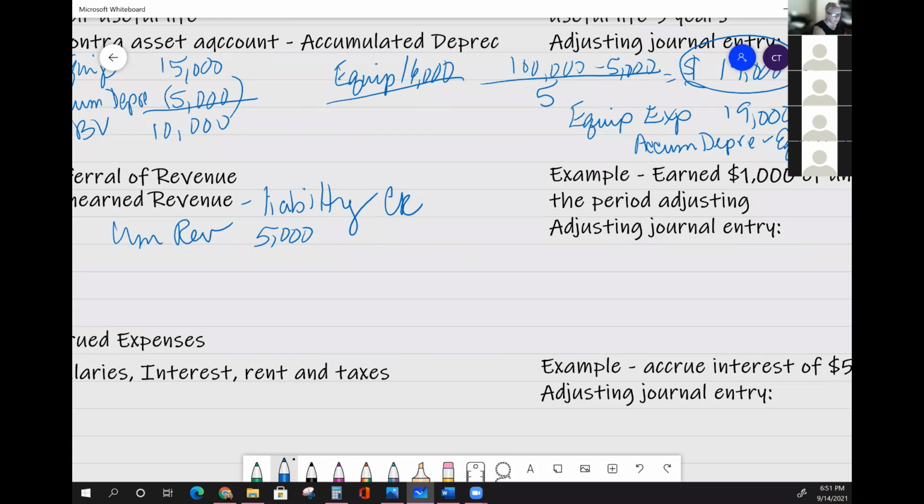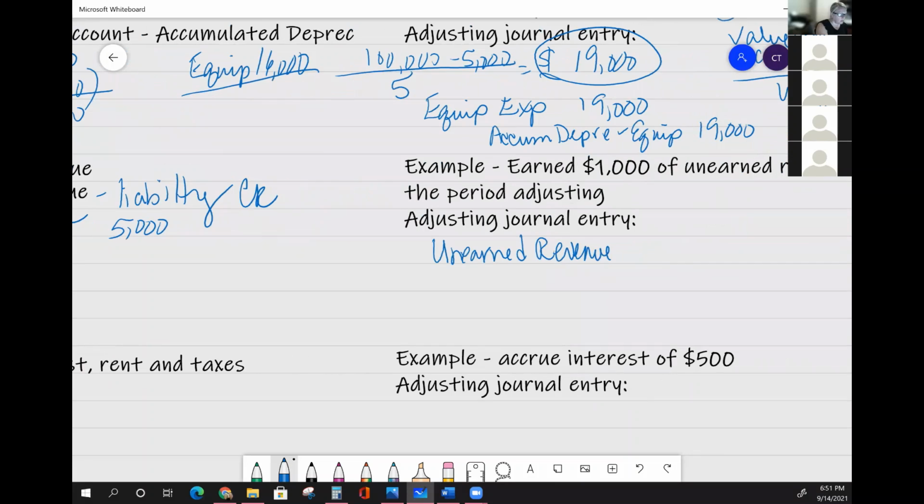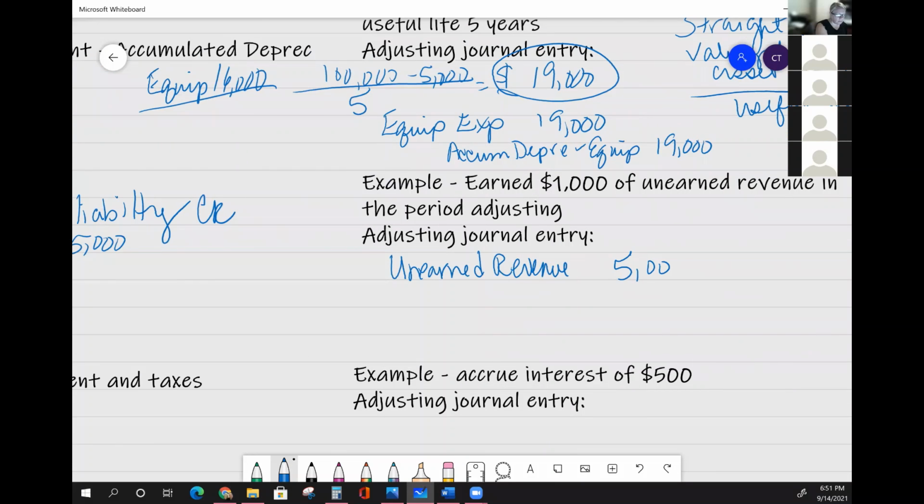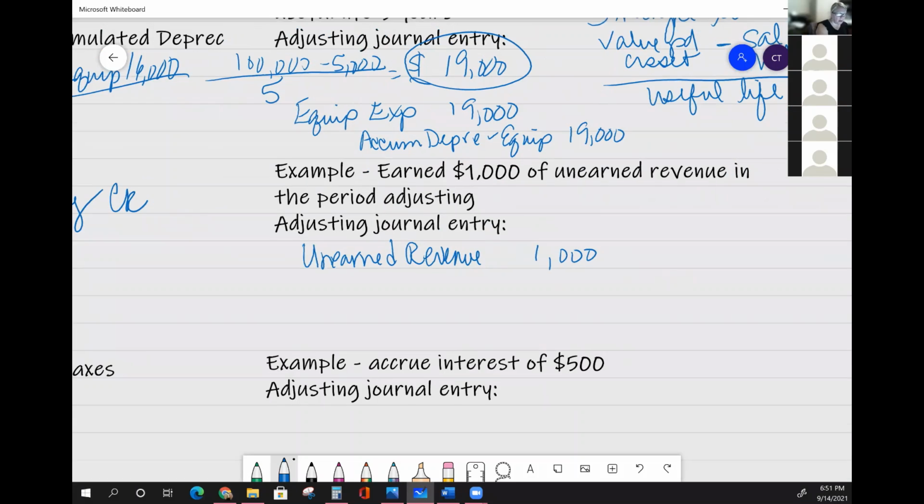I have to do the opposite. So I'm going to debit unearned revenue for $1,000. I'm sorry, I said $5,000, but we're doing $1,000. Okay, and then I want to recognize that revenue. So now I'll have a revenue account.